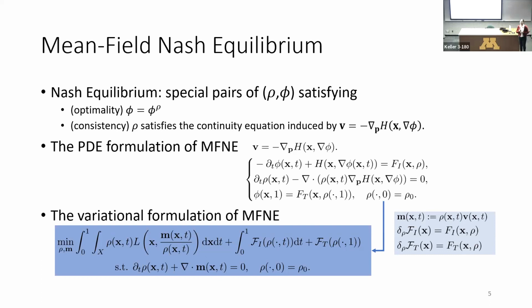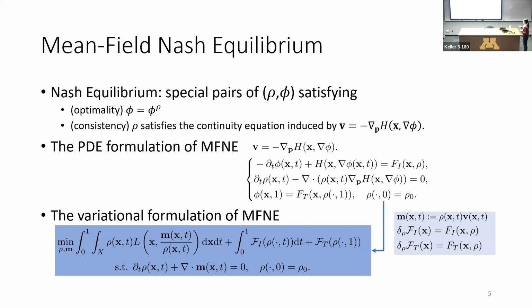But a good thing is when the problem has some nice structure, then we can formulate this PDE problem as the optimality condition of an optimization problem. So here is the condition.